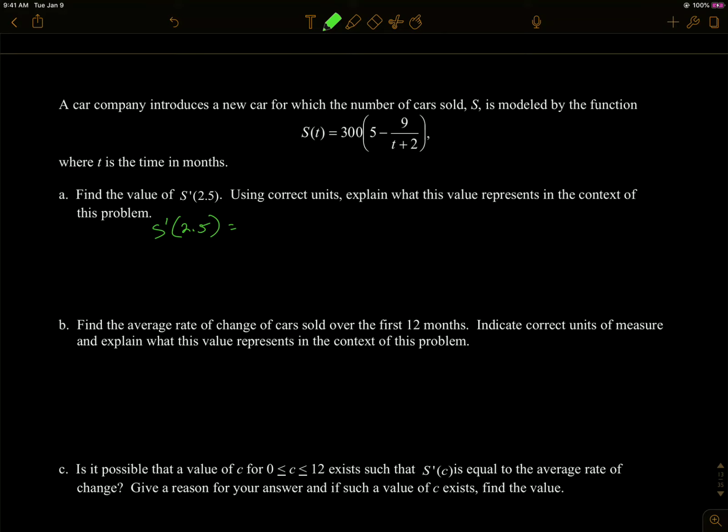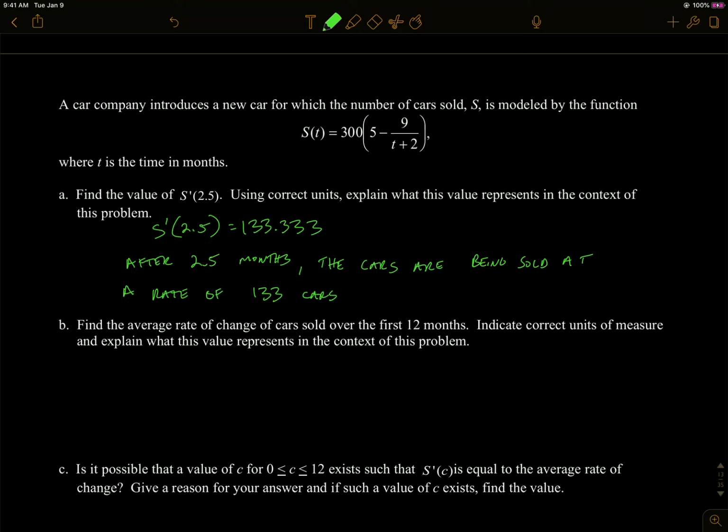You should get 133.333. And what that means is after 2.5 months, the cars are being sold at a rate of 133 cars per month.